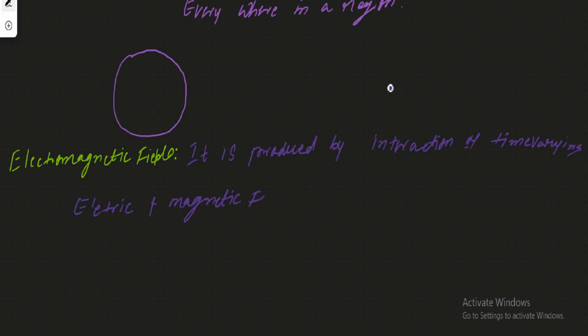The field produced by the interaction of time varying electric and magnetic fields is called the electromagnetic field.